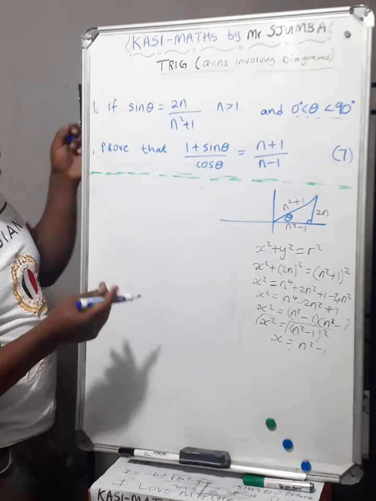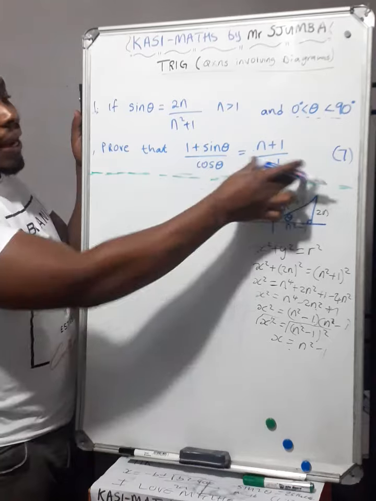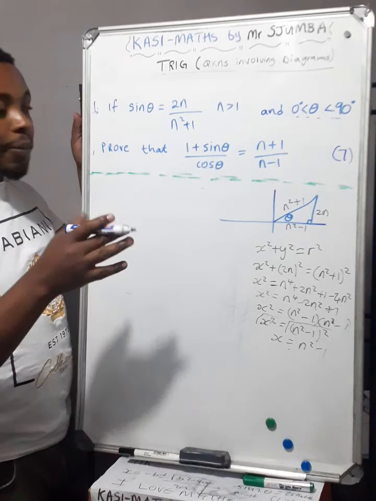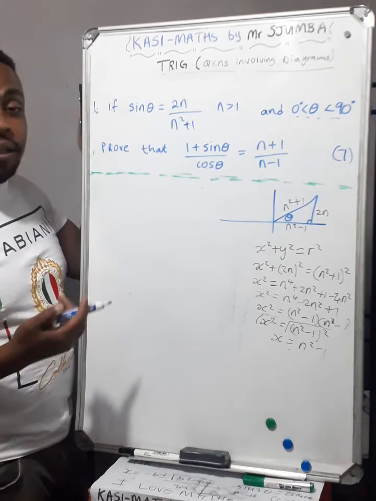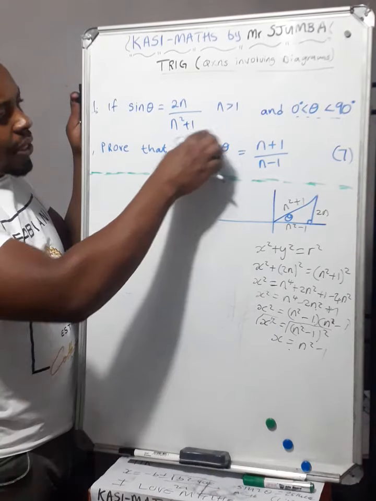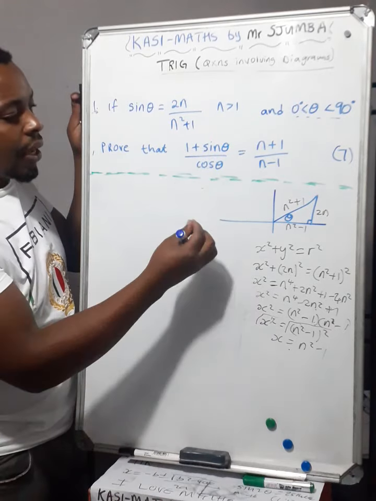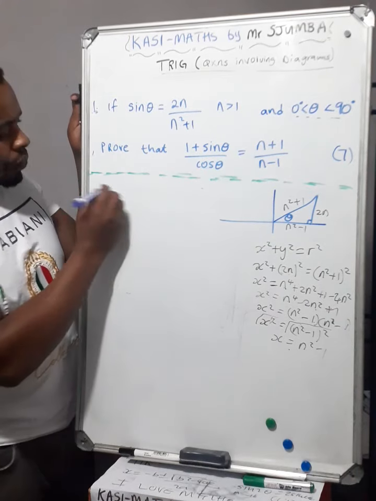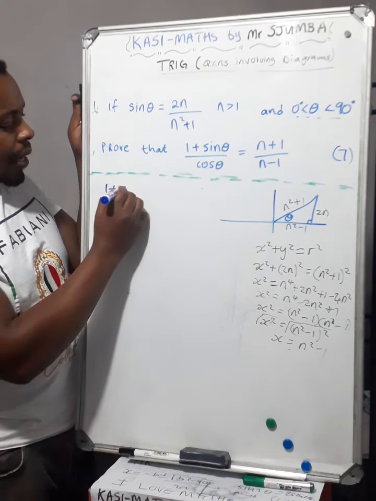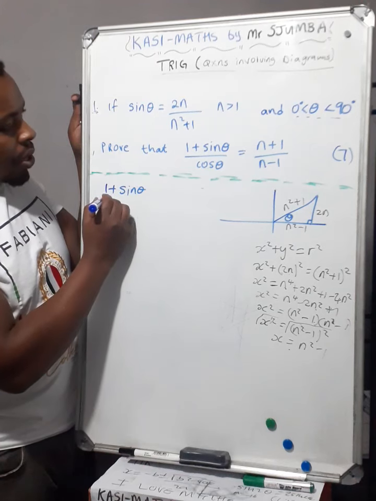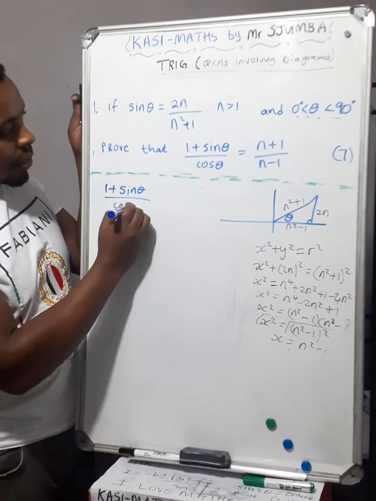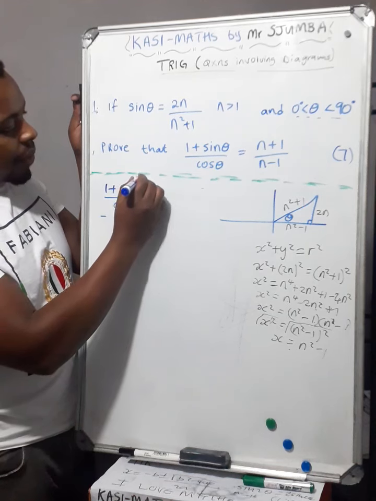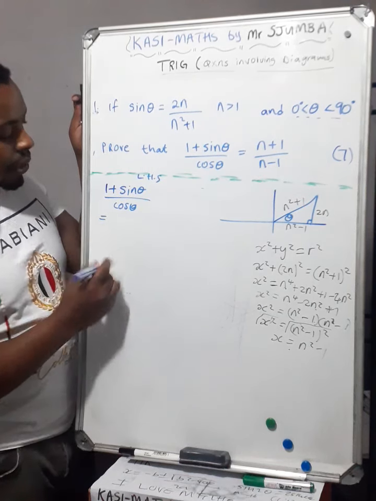Now we're going to take one side, substitute and simplify it until it looks like the other side. Obviously we take the side that has sine and cos, so we can get answers from the diagram. We have 1 plus sine theta all over cos theta, and this is our left hand side.